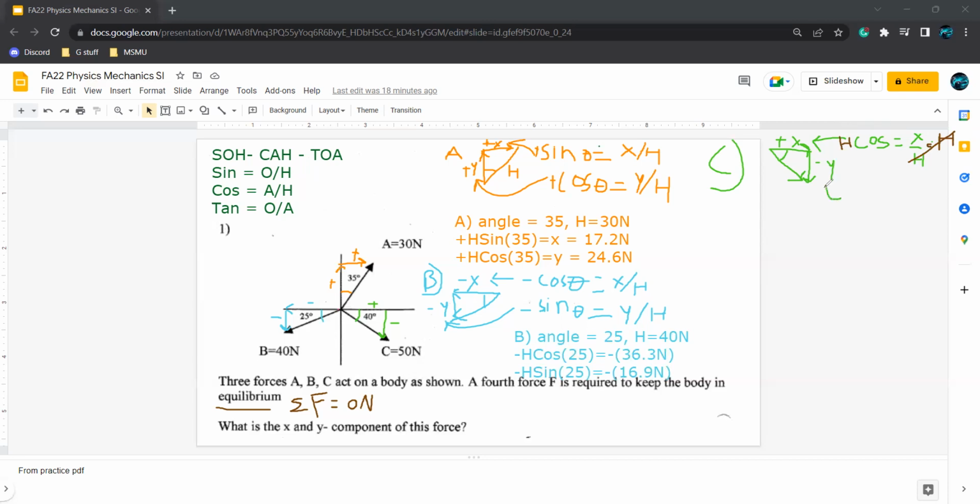Then your y is sine because it's the opposite side from the angle. This one's gonna be negative, so you write that negative. And this is what I'll write with the y. You could also write it with the y here and then just move the negative over.